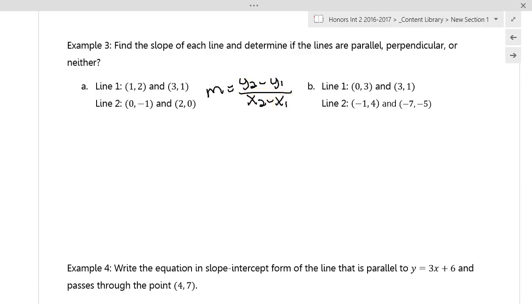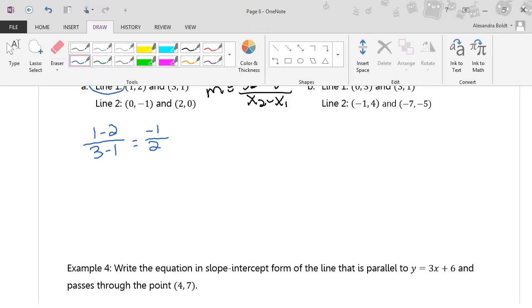For line 1, we'll start there. I have x1, y1, x2, y2. Be careful with which one's which. So I'm doing 1 minus 2 over 3 minus 1, which is negative 1 over 2, and that can't reduce, so I'm done.